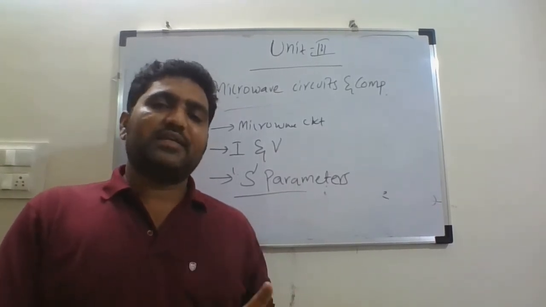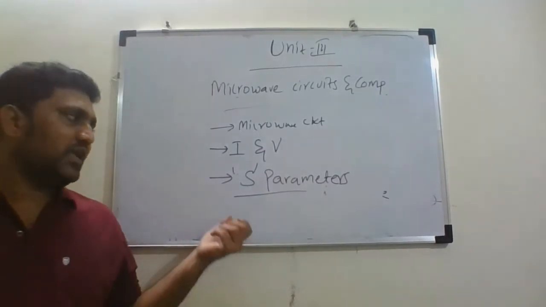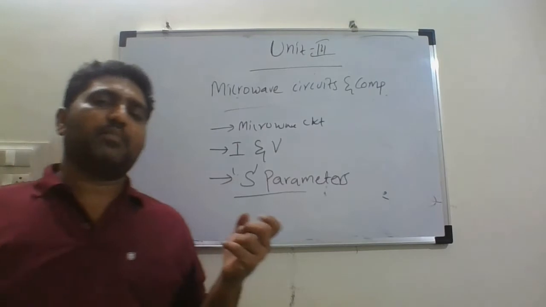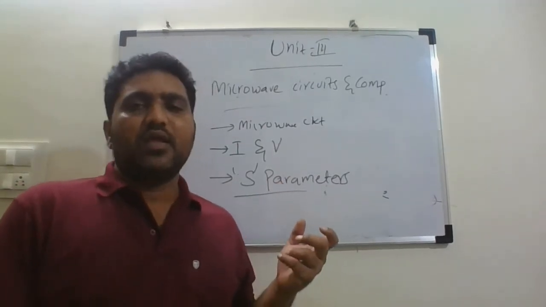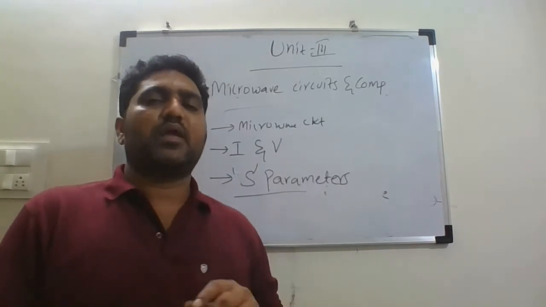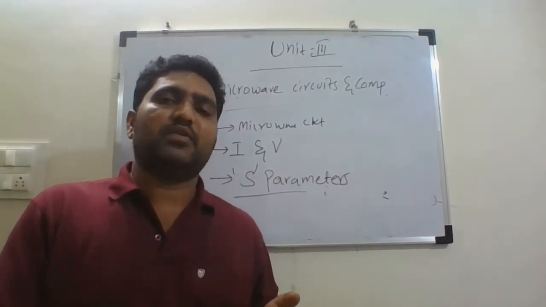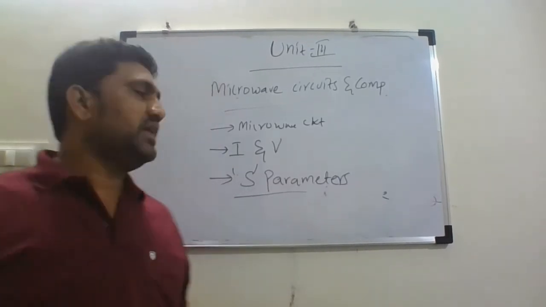That is exactly done by these S parameters. So we will be studying what scattering parameters are, why we use them, why we can't use the other parameters, and what the general definition of S parameters is.